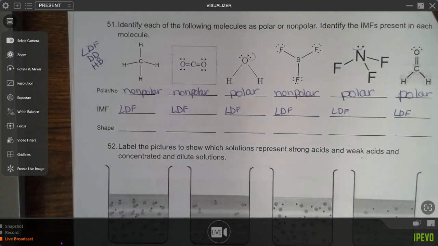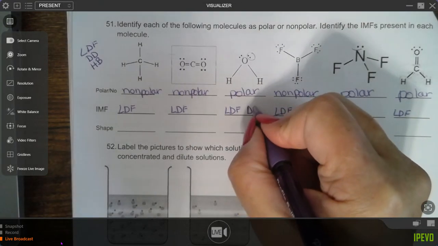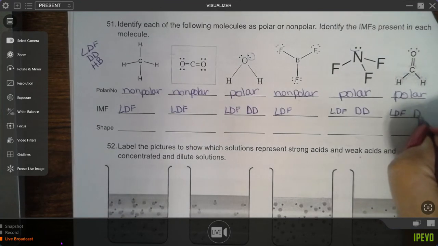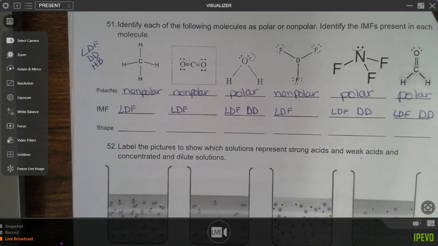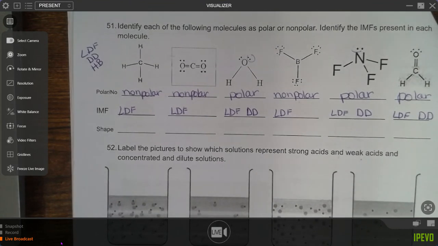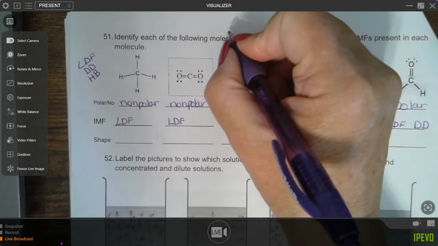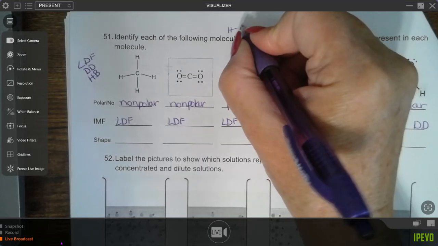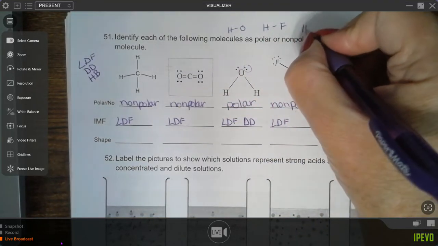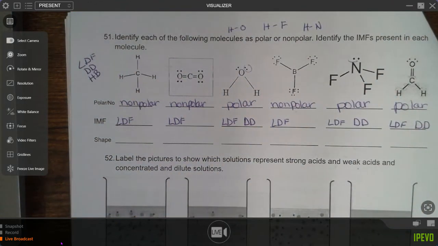Okay. Our polar molecules, all polar molecules have dipole-dipole. And then hydrogen bonding is that special situation where we have a hydrogen connected to an oxygen, a hydrogen connected to a fluorine, or a hydrogen connected to a nitrogen.